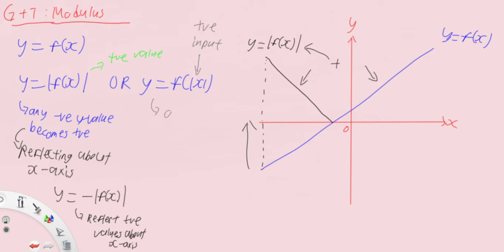As such, any negative x value becomes positive, and a negative x value would give the positive x value and its corresponding y value.